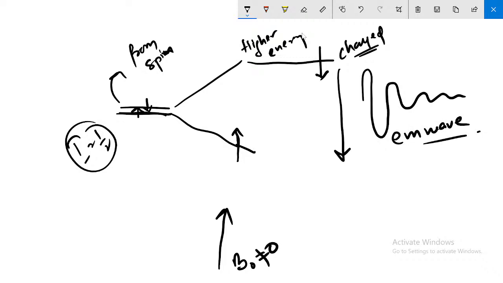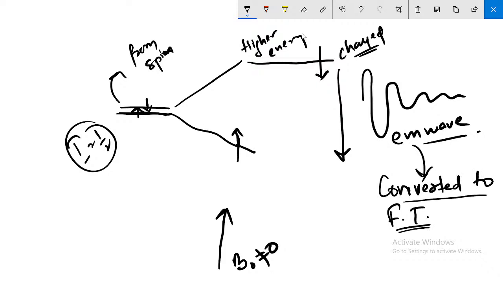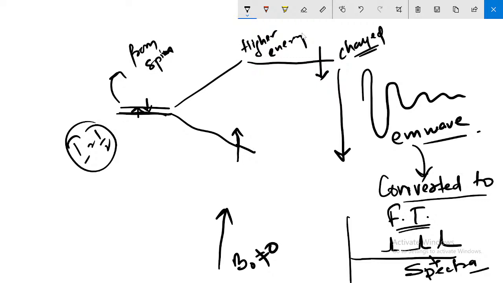A charged particle, when it goes from higher energy to lower energy, emits electromagnetic radiation. This is the law. This EM radiation is then converted by means of Fourier transformation, which converts this signal into different types of peaks. This is the spectra we see as a result.